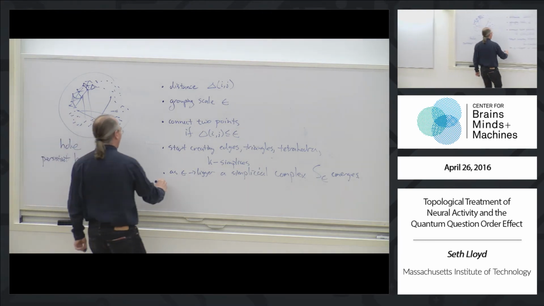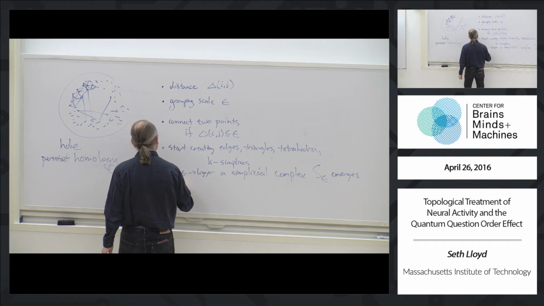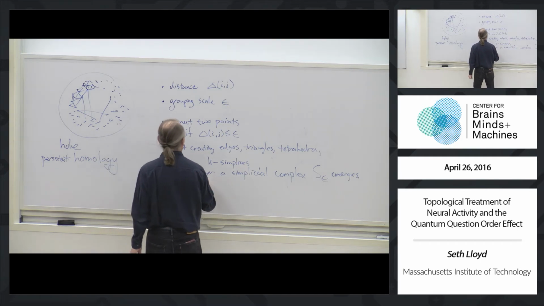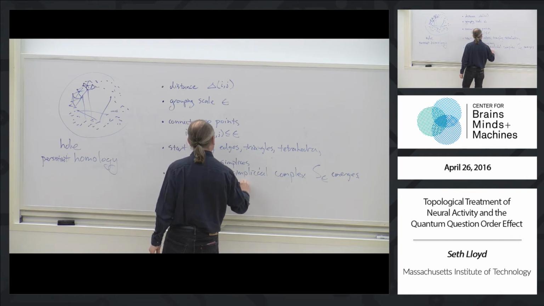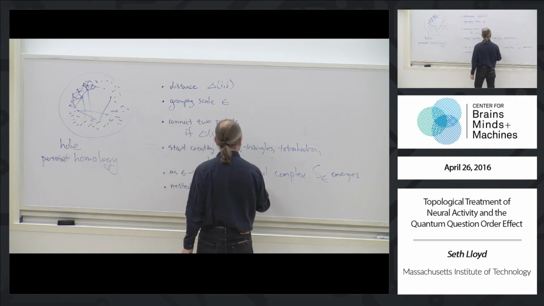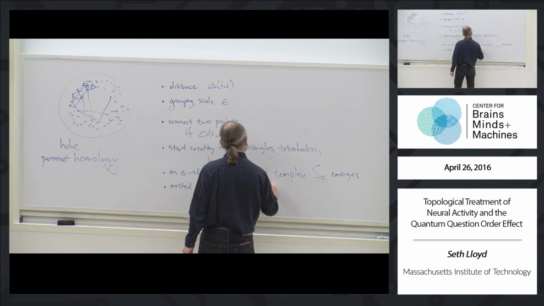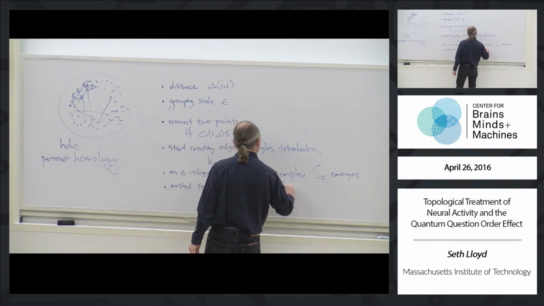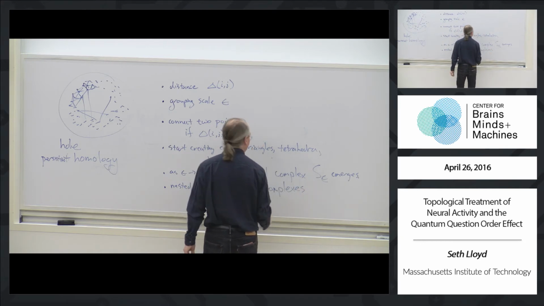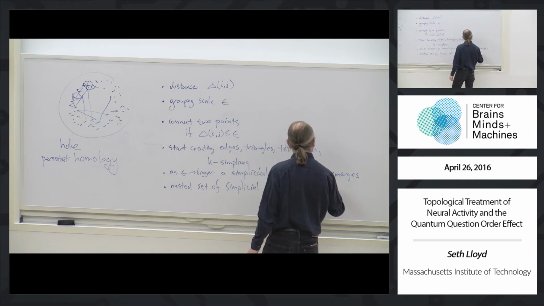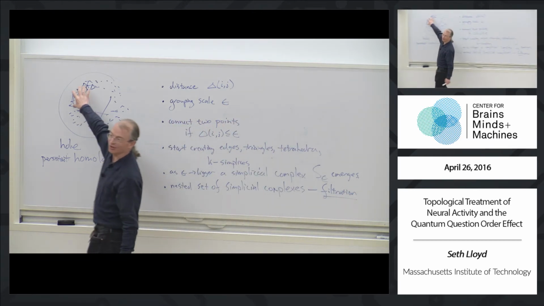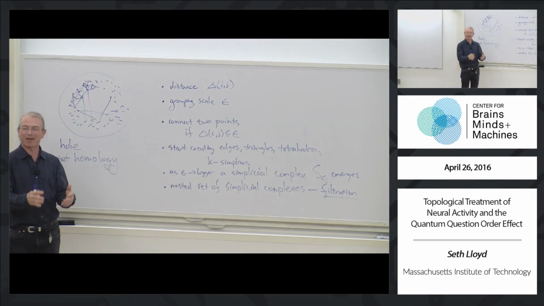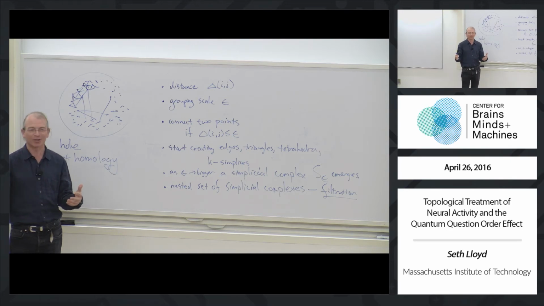So I have a nested set of simplicial complexes. Complices, depending on how you want to say it. And this is what's called a filtration. So note, if a simplex is in the complex at some scale epsilon, when I make epsilon bigger, it's still in the complex.